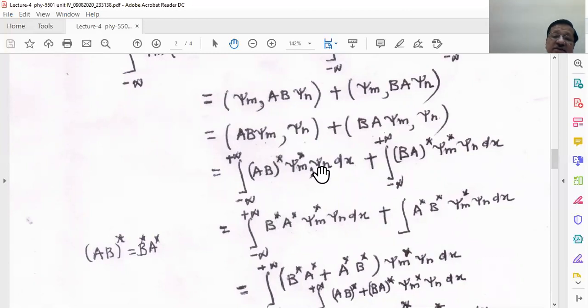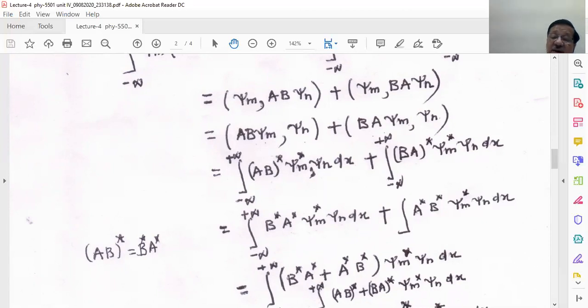Then you have this integration, the integrand is ψ* ψ dx. Similarly, for BA*, applying this law, it will be A* B* ψ dx. Now you can combine these two integrations, because this is also integration with respect to x, and this is also integration with respect to x.